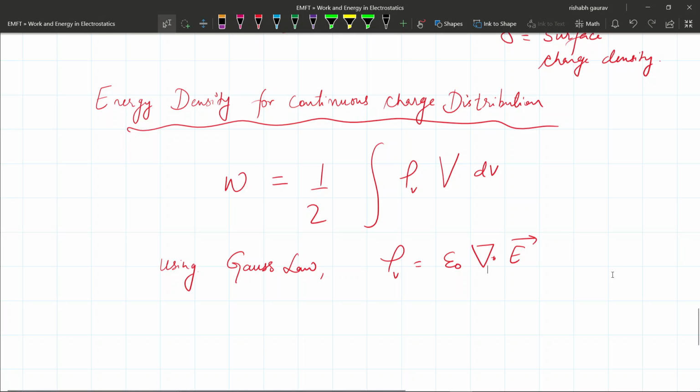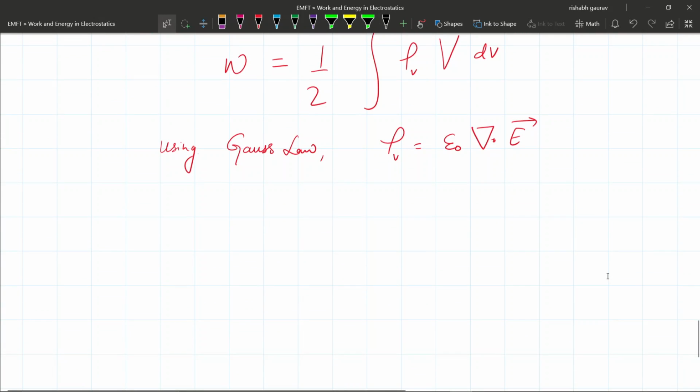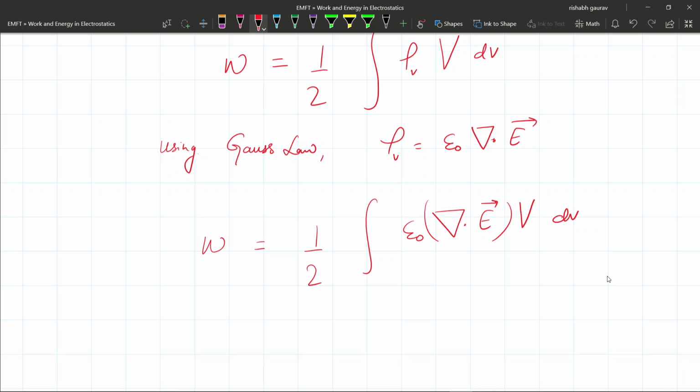If E is, let's say, the electric field, then W, instead of writing rho v, we can write epsilon naught times del dot E times V, where V is the potential, and dV is the differential volume. Do not confuse capital V with small v. dV stands for differential volume, and V stands for the potential.